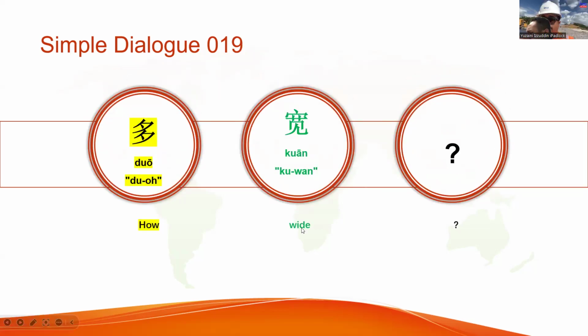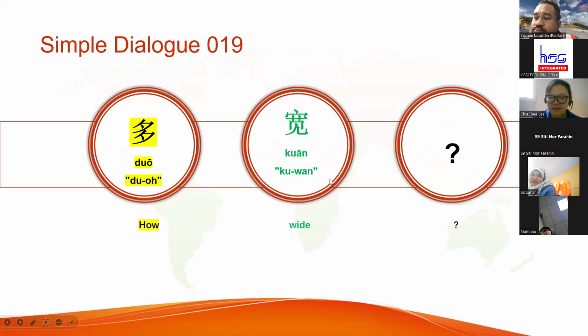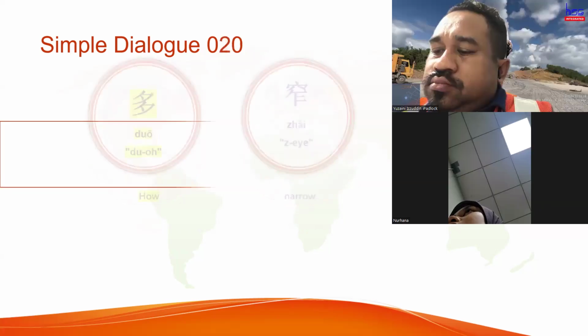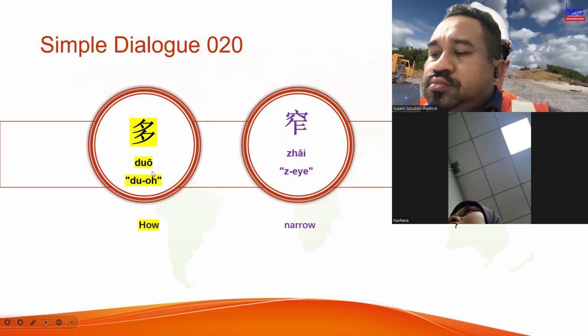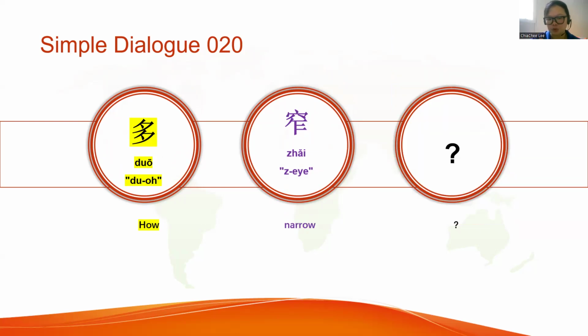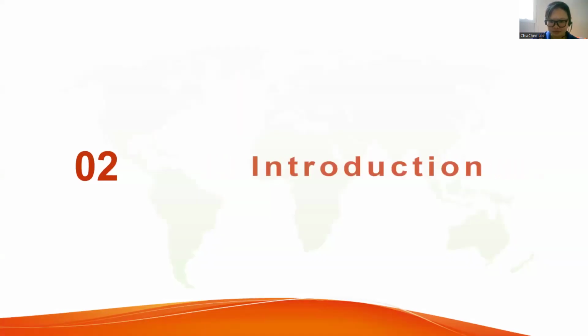So how wide is 多宽? And the last question we had 2 weeks ago is how narrow? 多窄? So when we're familiar with this measurement, we would like to proceed to the topic of today.